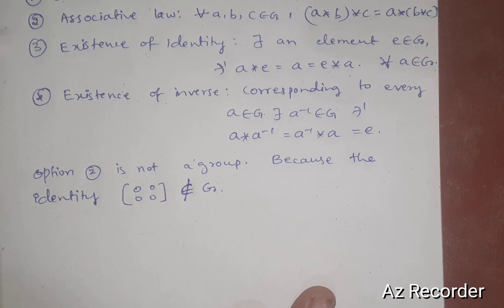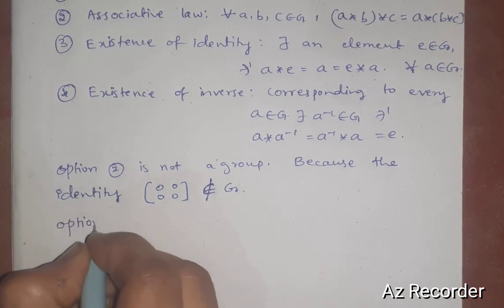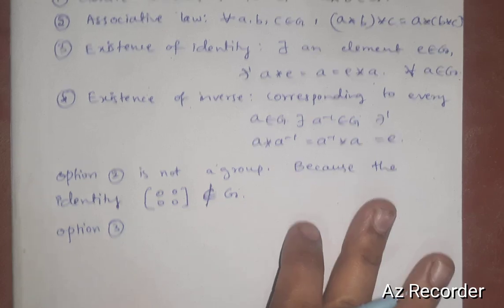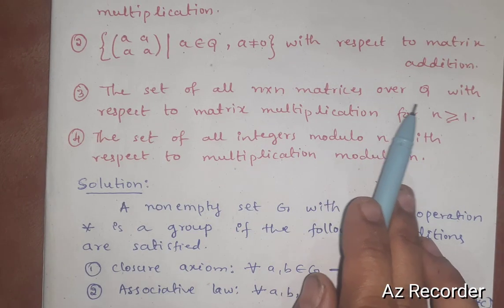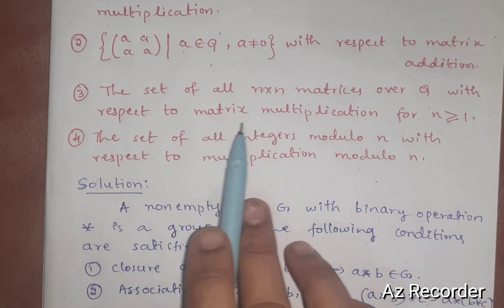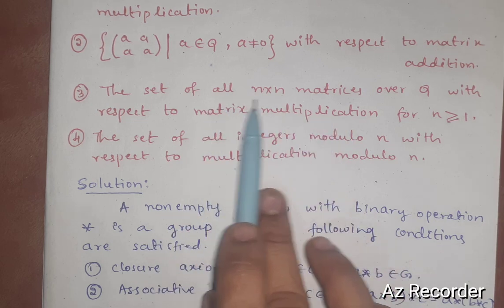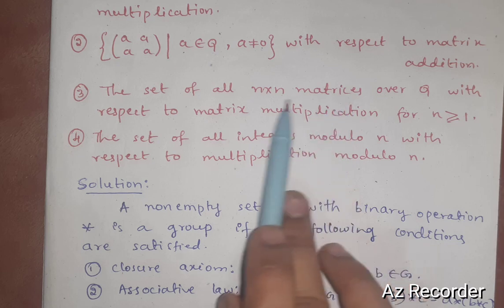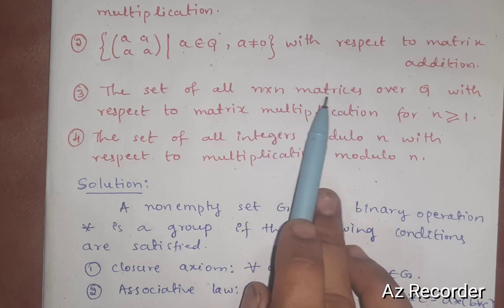Now what about the third option? Option 3, they have given the set of all n cross n matrices over Q with respect to matrix multiplication. Here they are considering all n by n matrices, so this includes both singular matrices as well as non-singular matrices.